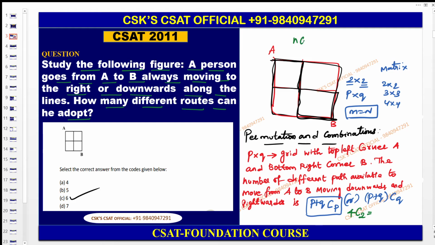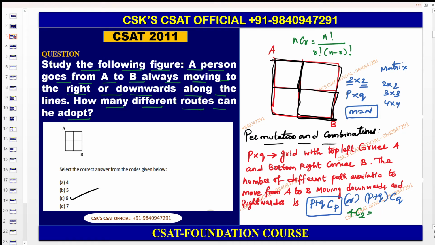The nCr formula, if you want you can use n factorial by r factorial into n minus r factorial. In the shortcut, from 4 you have to move 2 places, not up to 2, just move 2 places. Or else you can use the factorial itself.